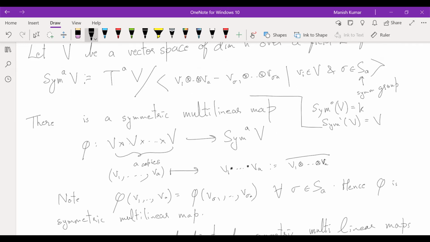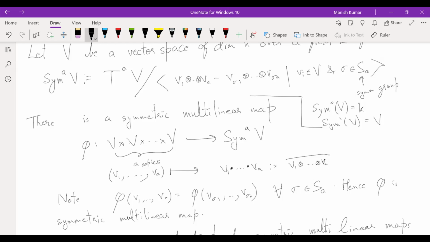Okay. So phi is this map, and of course phi is multilinear, because it factors through T^A V. You take the map to T^A V and then quotient out by something. The initial map was multilinear, and then you're quotienting out by a subspace, so it remains multilinear. And it's symmetric because of the construction.